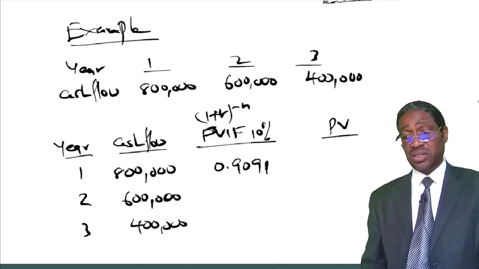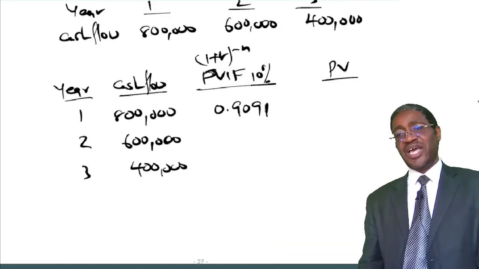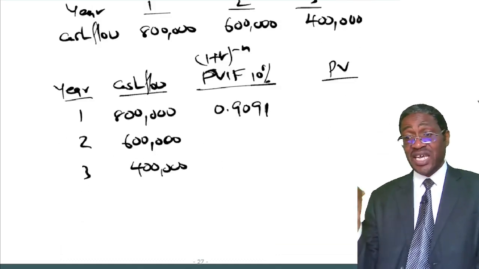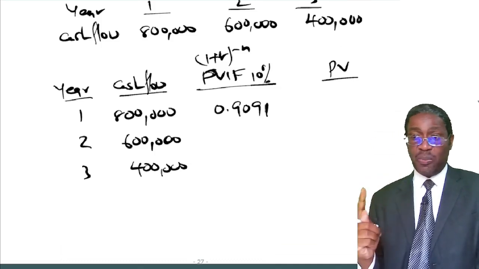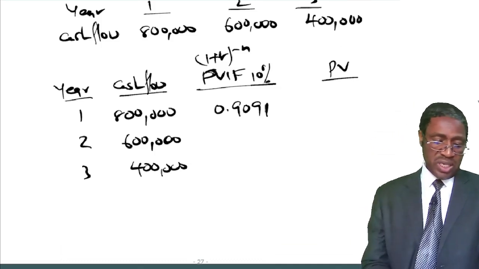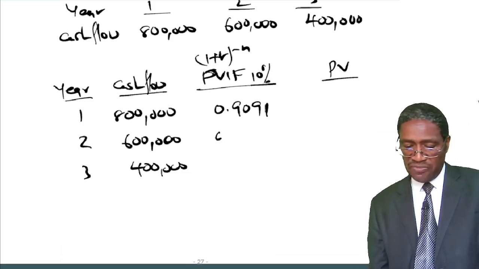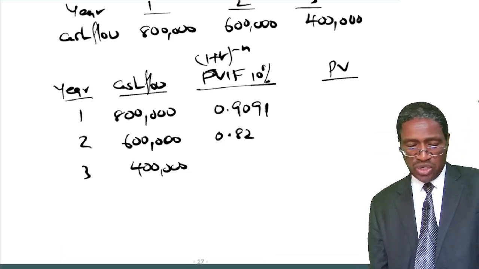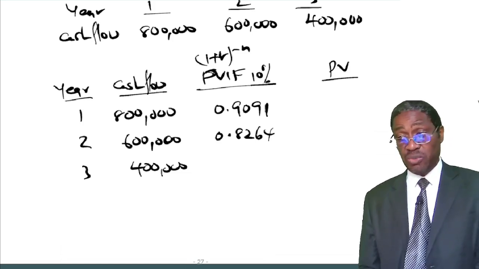Then year 2: 1.1 to the power of -2 gives a discounting factor of 0.8264, again to the nearest 4 decimal points.